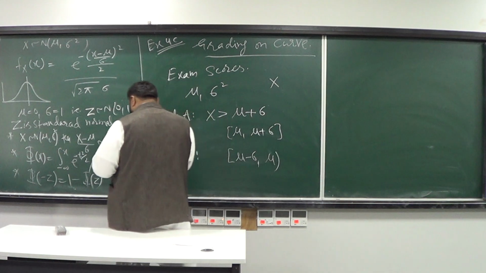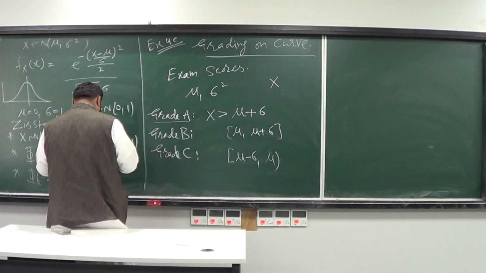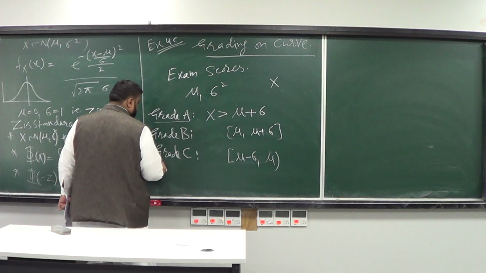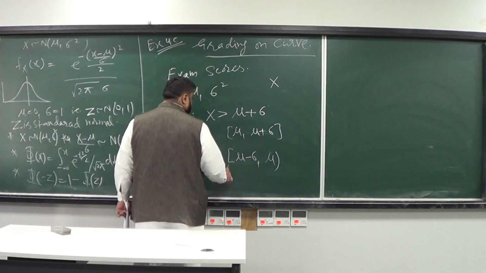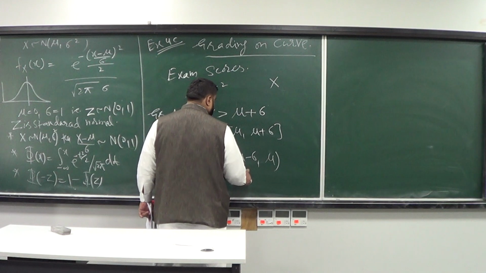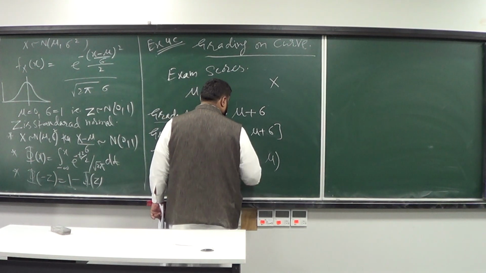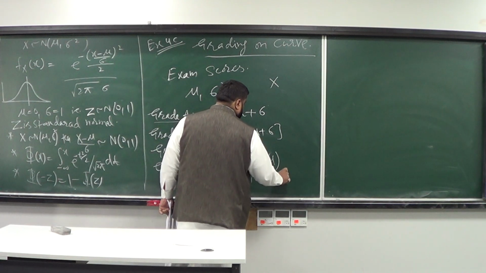Okay, so let's call this out. And let's assign grade D to those who have marks between mu minus 2 sigma to mu minus sigma.